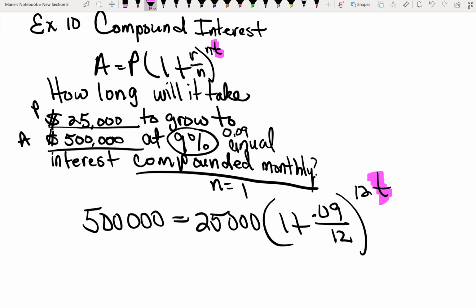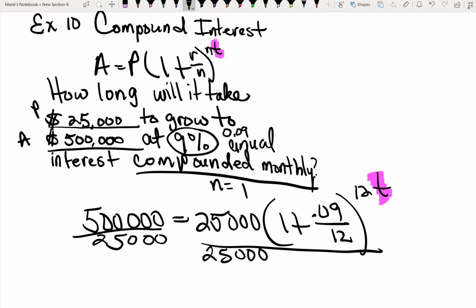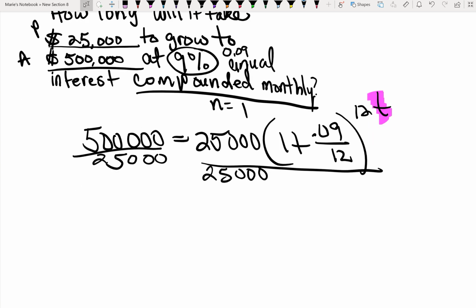And so step 1 obviously is we're going to divide all of this by 25,000. When we divide by 25,000 on both sides, I believe we get 20. So this is going to give us 20 is equal to.